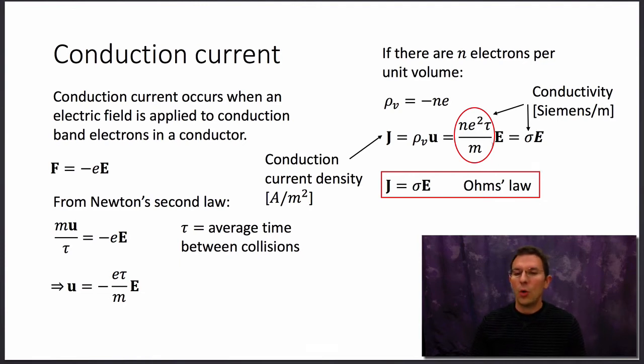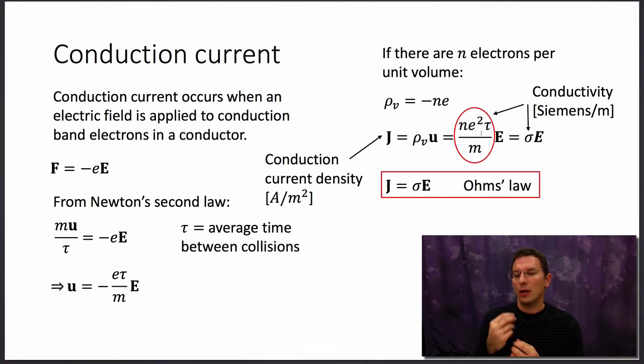Okay. So the conductivity of a material, at least in a classical sense, has to do with how many electrons are there per unit volume. Okay. Everything else being equal, the more electrons you have per unit volume, the higher the conductivity of the material. Okay. And it has to do with tau, the average time between collisions. If the electron doesn't collide with another particle as frequently, it makes a certain amount of sense that it's not going to encounter as much resistance.